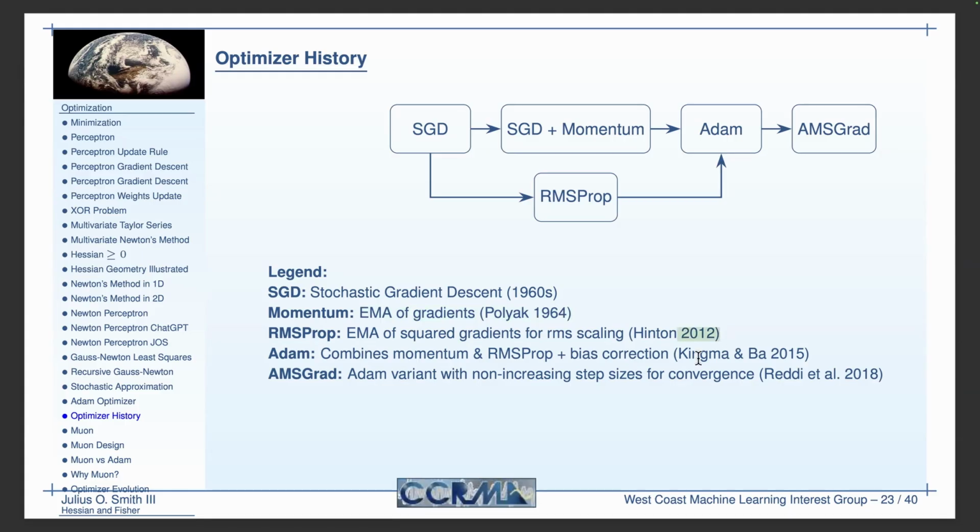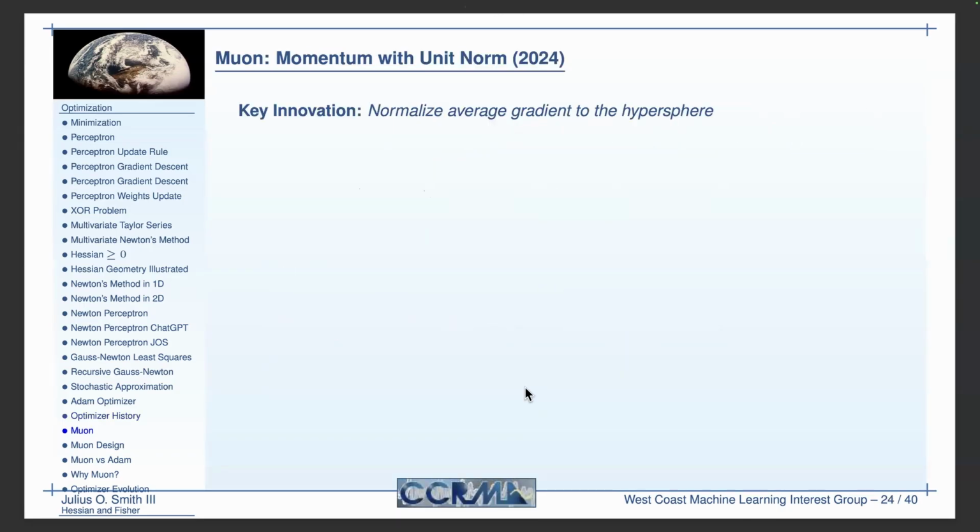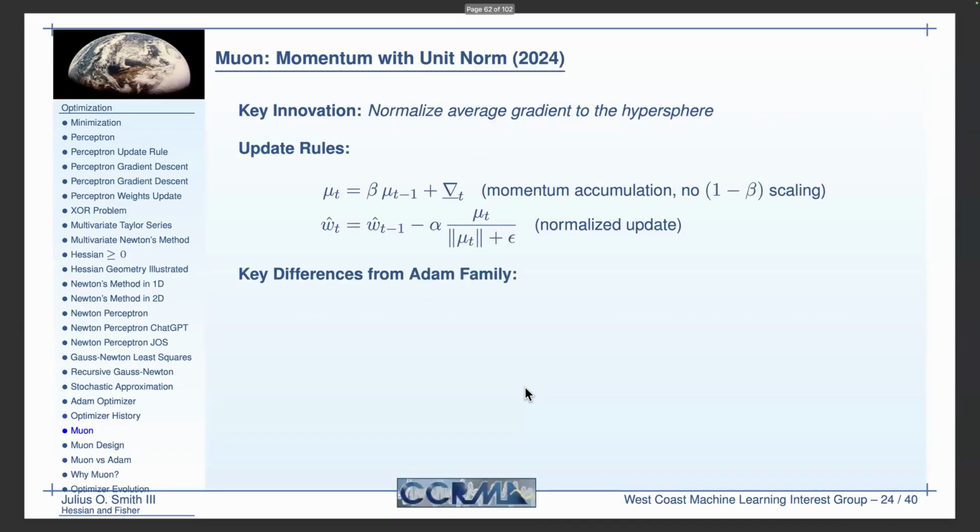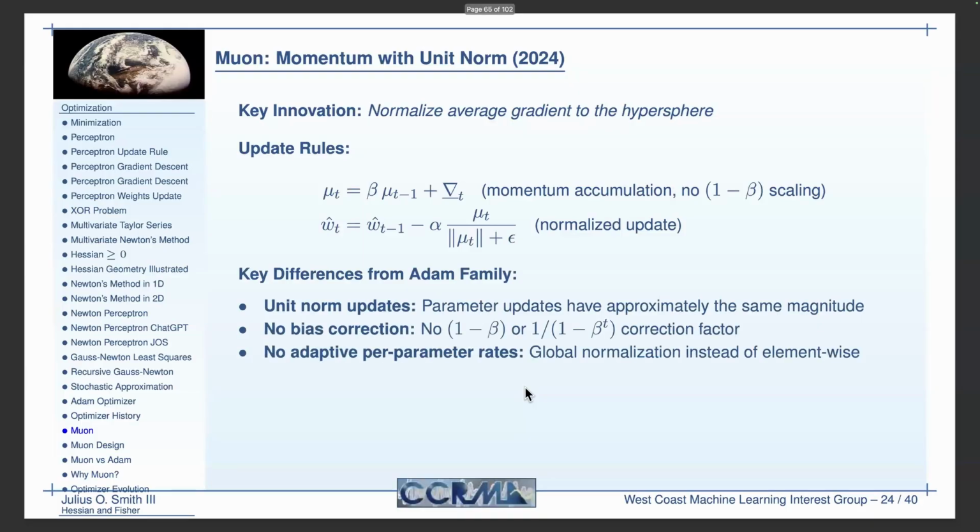And then finally, Kingma and Ba combined momentum and RMSprop, and also the bias correction came in then, and that was 3 years after RMSprop, which was only the RMS scaling of the gradient. And then here's AMSGrad a bit later. So that's a little bit of history, and here's kind of a wrap up on Muon.